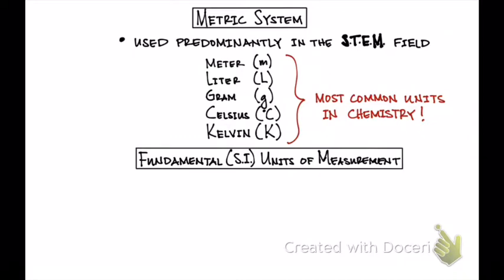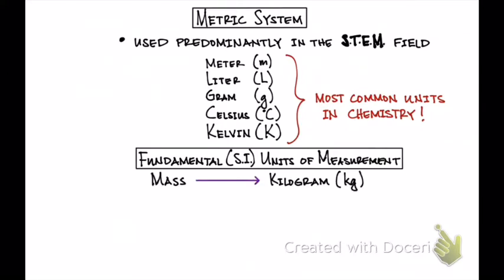And so they called it fundamental SI units of measurement. So SI in French is Système International. I don't really know how you would pronounce that in French, but in English, it's international system. Okay, so international system, units of measurement.